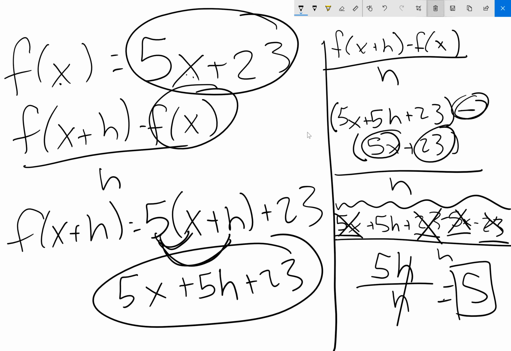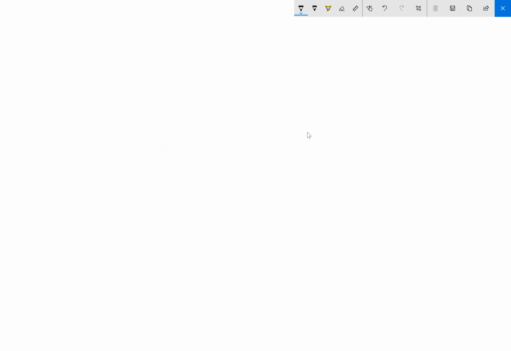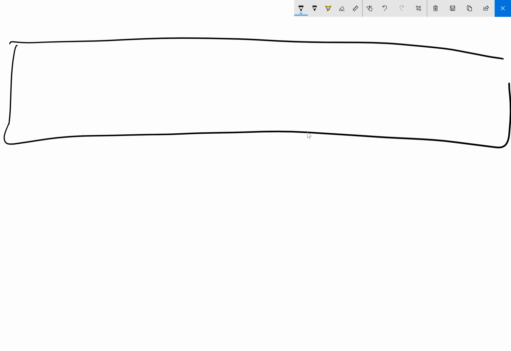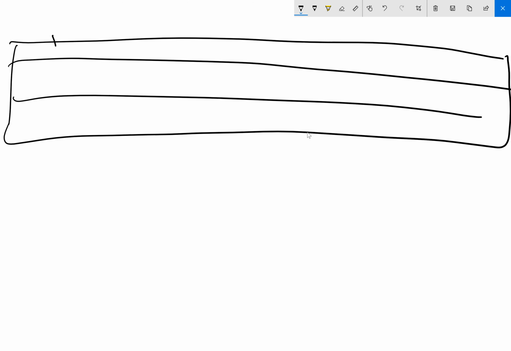Okay, so this next one is a bit, not a toughie, it's just a lot to write, so I probably won't write the whole thing. But we have something like this. So we have x, f of x, and g of x.